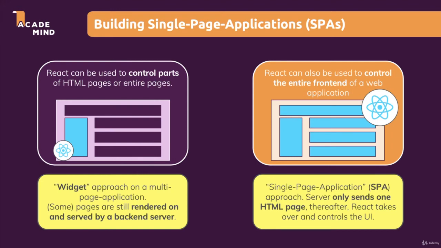And that often leads to a smoother UI and a better user experience, as you see it at the example of Netflix. It's built with React, and there we never request a second HTML page. Hence, it's a single-page application where, after the initial request to the site, React takes over and controls what we see on the screen.